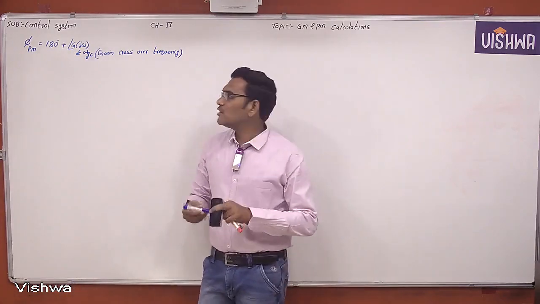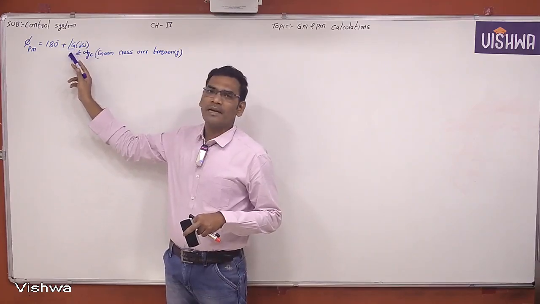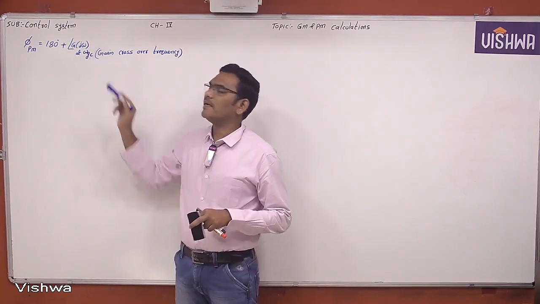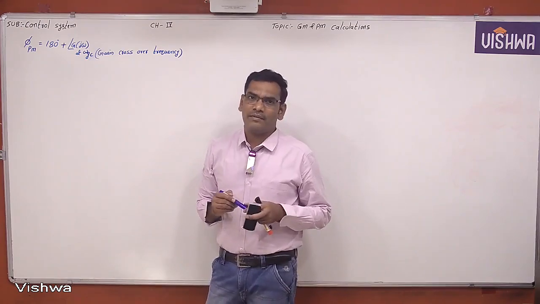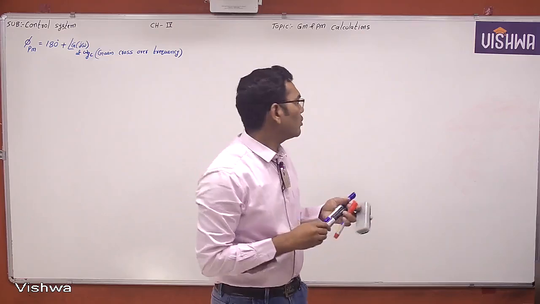This phase margin is calculated for an open loop transfer function, but the angle of this open loop transfer function is calculated at the gain crossover frequency. What is a gain crossover frequency?